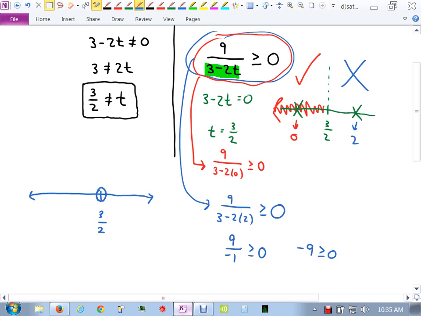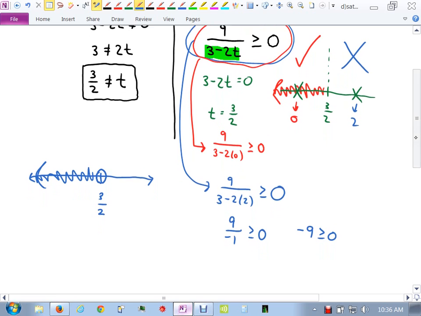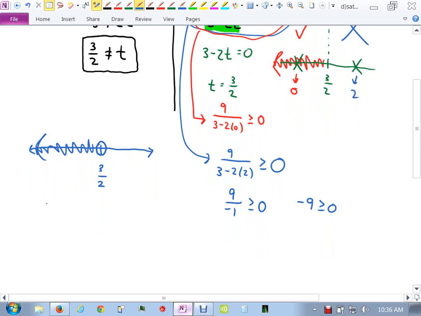Everything to the left of 3/2, right? Which is this. So how do I write that as an interval? Negative infinity to three halves, parentheses. That's our answer.